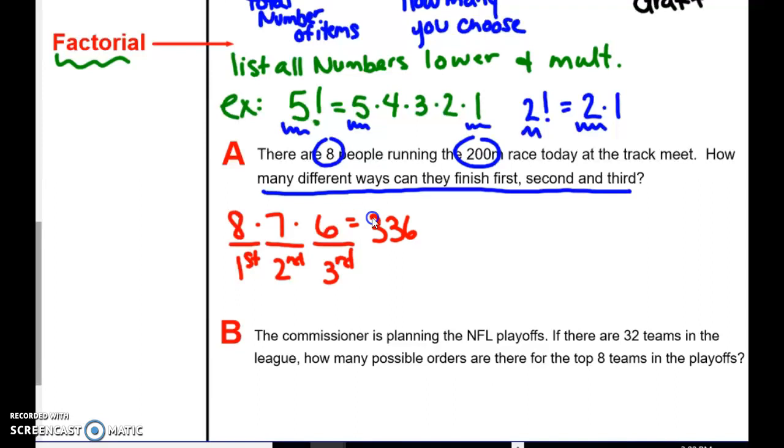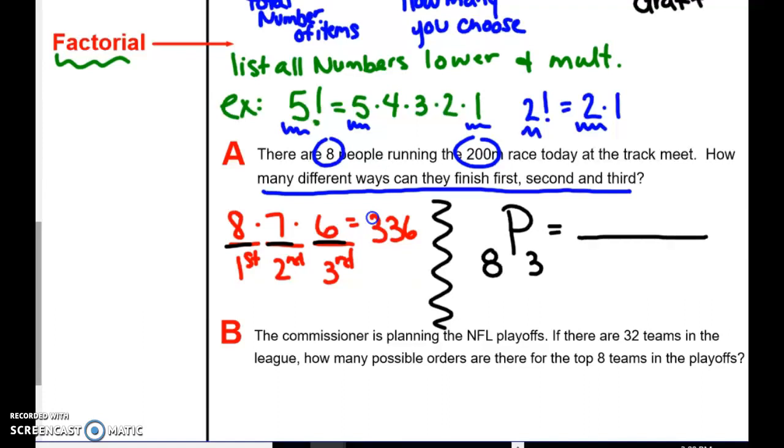But we can also do this using permutations. For a permutation, in this case, we have 8 people running, and we are choosing the first 3 places. 1, 2, 3. So we fill in our formula. It's a fraction. On the top, we do the n number.